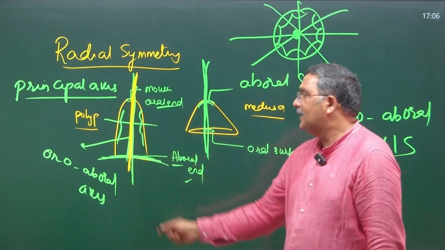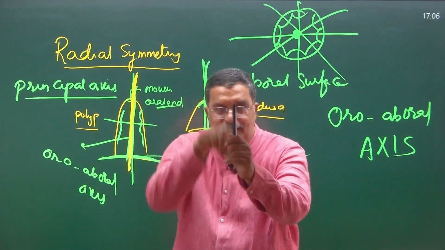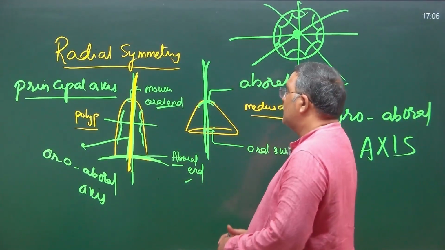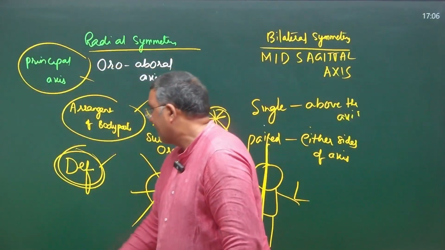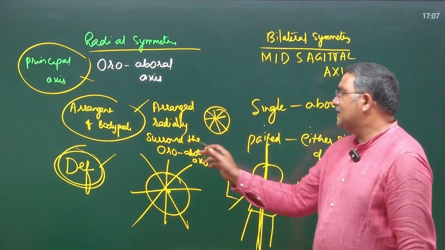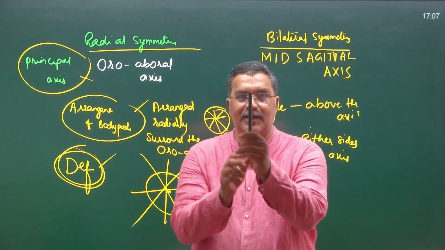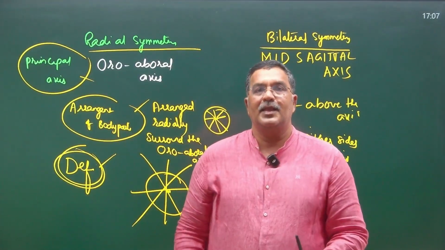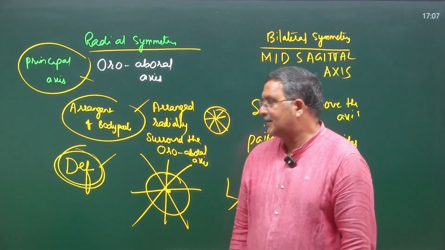The axis is a line drawn, or you may imagine a pen refill in the center, the oro-aboral axis. Arrangement of body parts: we said arranged radially, like straight lines of a pen, surrounding the oro-aboral axis.